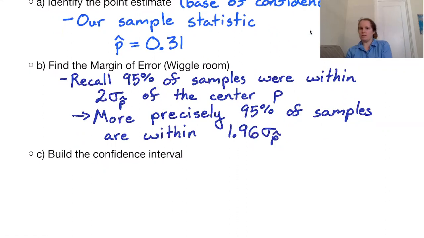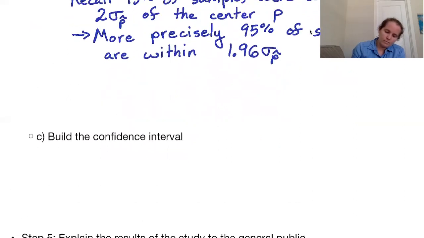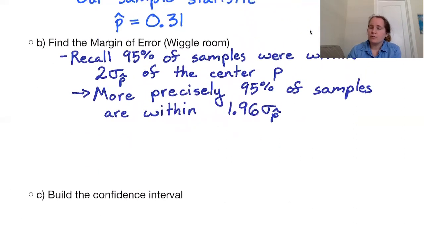So the 2 is just, it's 95 point something% are within 2 standard deviations. But if we want specifically 95%, it turns out we only need to go out 1.96 copies. Let me give myself a little more room. So for our margin of error for 95% confidence, our margin of error is actually just 1.96 copies. We don't need to use 2.